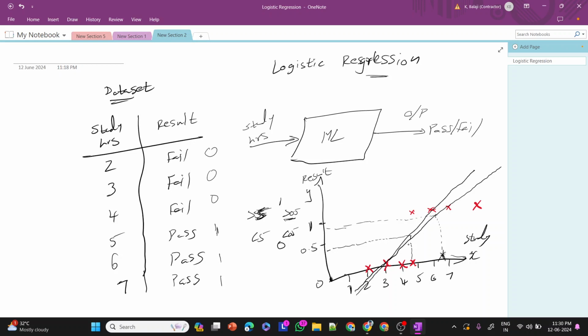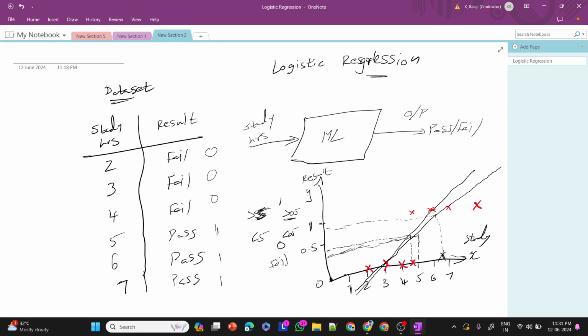Using this new line, whenever a person studies for 5 hours, let's mark it on this line. Whenever a person studies for 5 hours, the linear regression output is now less than 0.5, and less than 0.5 means the person fails the exam.